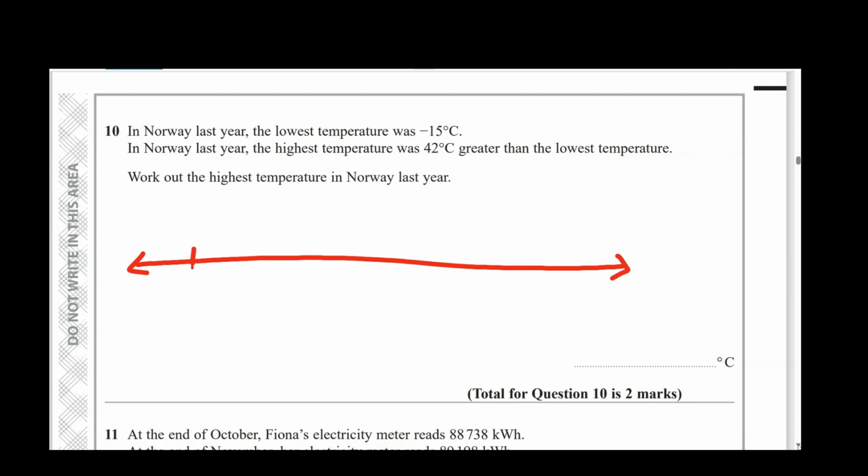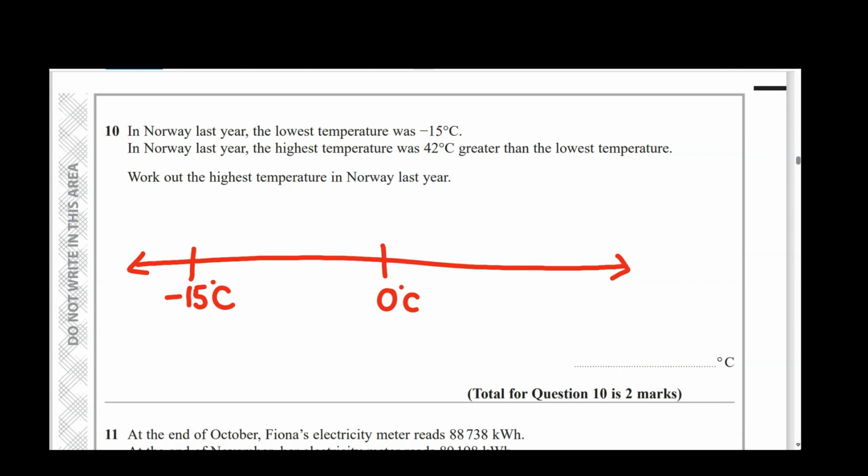And we can say the lowest temperature was minus 15. And now they say the highest temperature was 42 degrees greater than this. So what we need to do is we need to add on 42 degrees. So you could count each of these. I'm not going to draw them all because that's going to take us forever. But what we just got to keep in mind is that this is 0 degrees Celsius. So I'm going to add on 42 degrees.